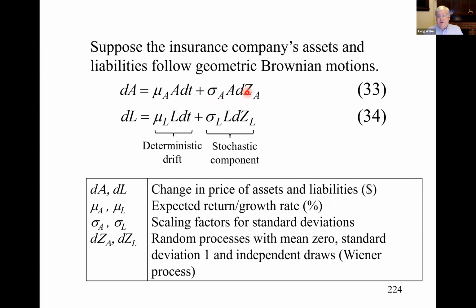So we have here this Wiener process with a standard deviation of 1, and then you multiply by sigma A, that scales the standard deviation. So if this sigma A is bigger, then we have bigger shocks, and so we get bigger changes in the asset price. Typically during the financial crisis, this standard deviation will increase. This parameter is not really fixed.